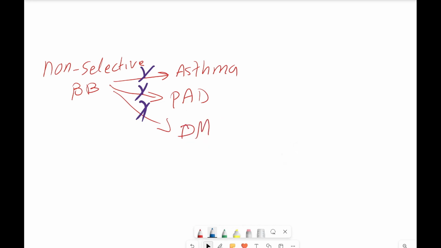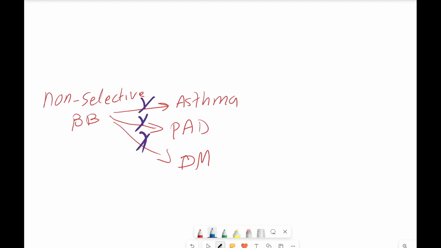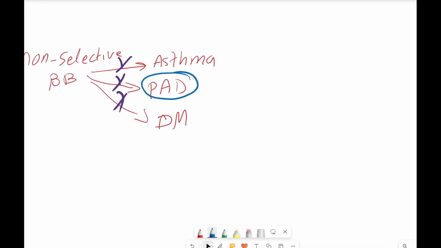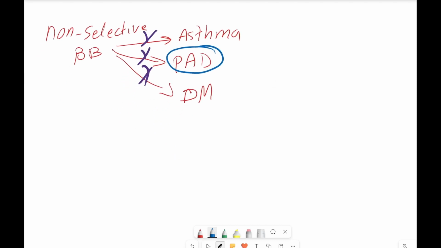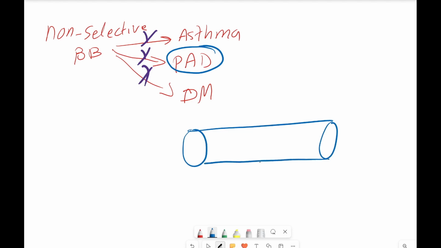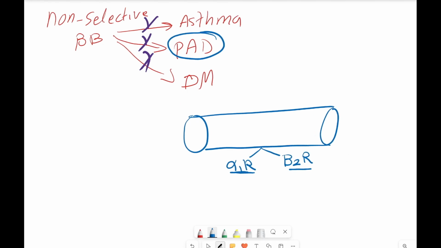So what happened there? Speaking about peripheral artery disease, this is a peripheral artery, these are blood vessels, and according to our information, the main receptors in the blood vessels are the beta-2 receptor and the alpha-1 receptor, and we have a kind of balance between beta-2 and alpha-1.